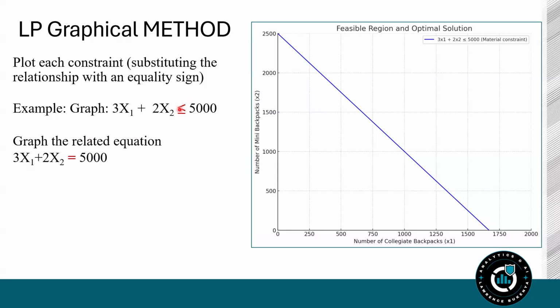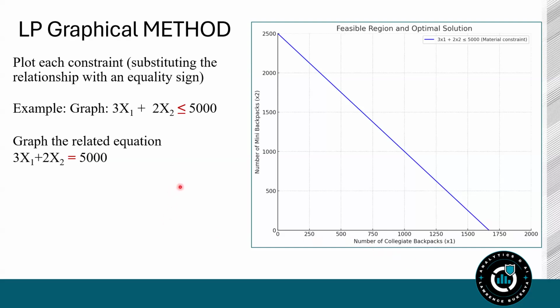The first step is to replace the inequality sign with an equal sign. And then you plot the line for this equation. The easier way is to set x1 to 0 and find x2, which is 2,500. And then set x2 to 0 and find x1, which is the value we have here, and then we draw a line that covers that.